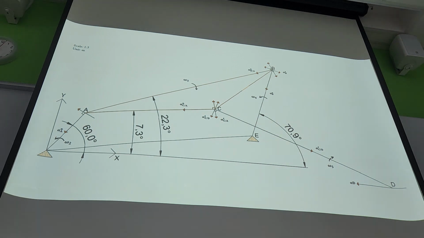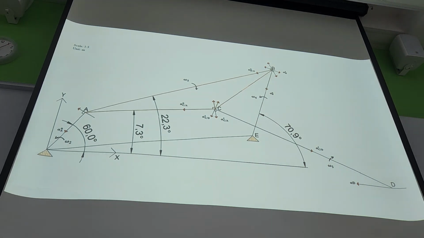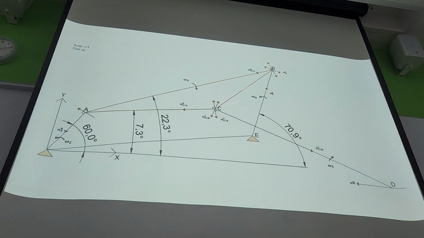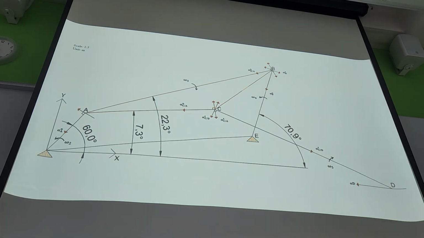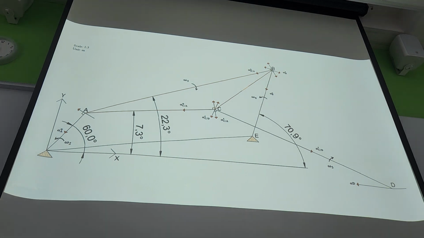Here this is the angular velocity of link 3, which you know. If you see this point B, it is on link 4. So B normal is shown here. B tangent is perpendicular to the link as shown here. For B tangent, you only know the direction. For B normal, you know both magnitude and direction.